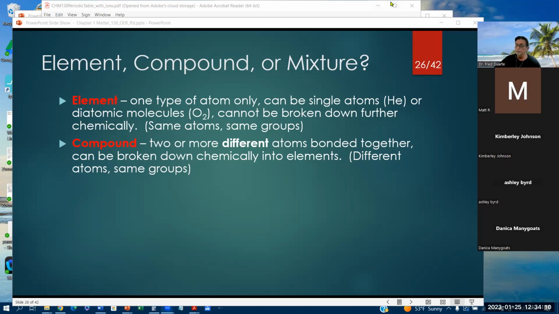Classic example would be we can take water, which is a compound, okay, made up of two or more different elements, and literally break it down, undergo electrolysis, and break it down back to oxygen and hydrogen, okay? That's an indication of a compound. We can break it down to elements. All right.